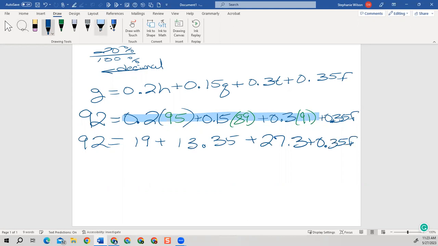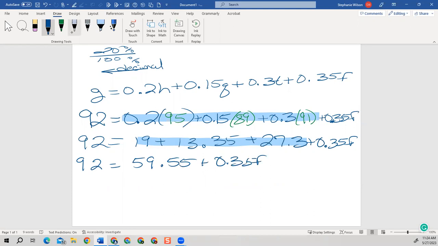Now I'm going to do the math and add these up together. Okay, so bring down the 92 again. Got 59.55 plus that 0.35 F.